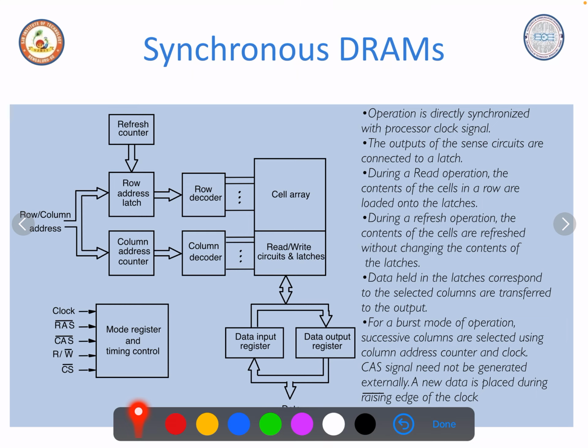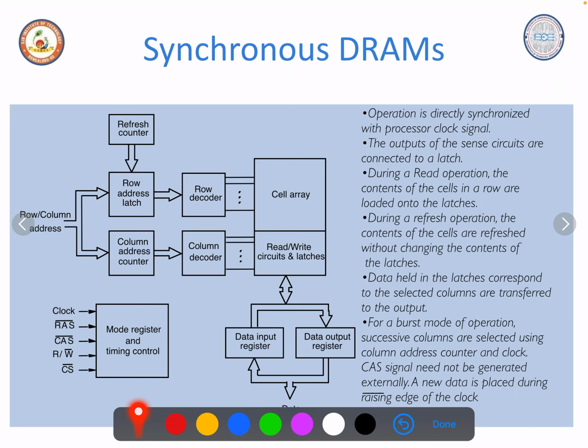You will have a sense circuit meant for acting as a latch, and you can observe the read or write circuits or latches, which are meant for storing or writing the data, or reading the data from the cell array.